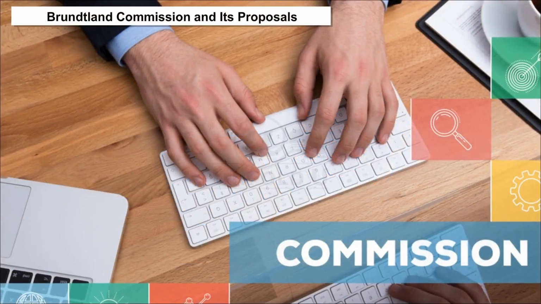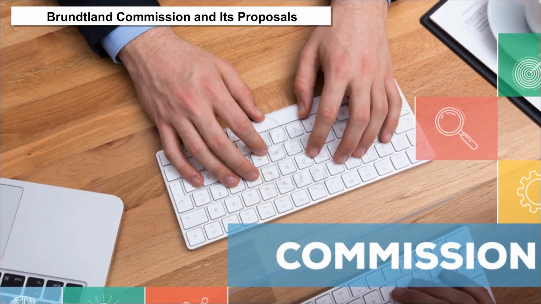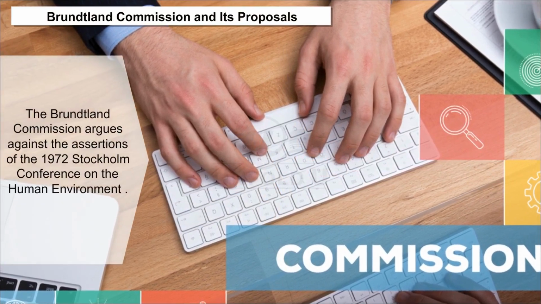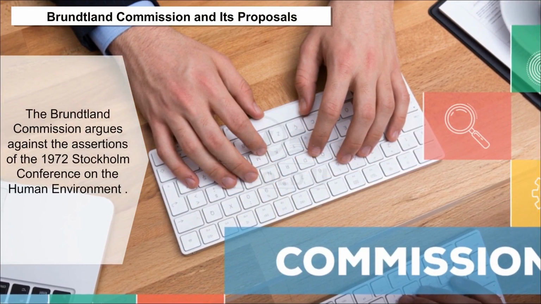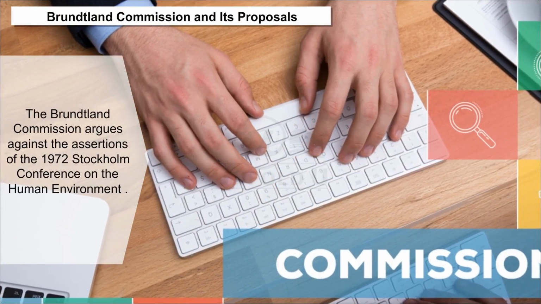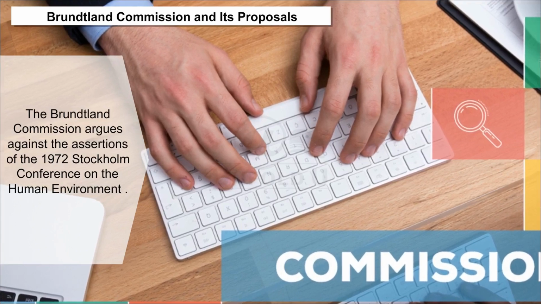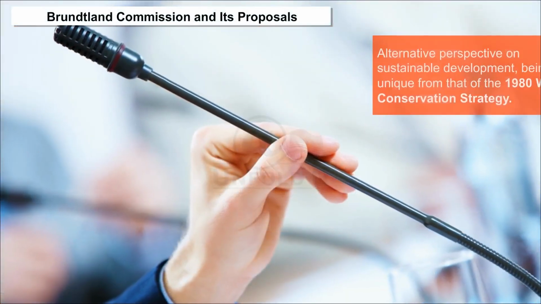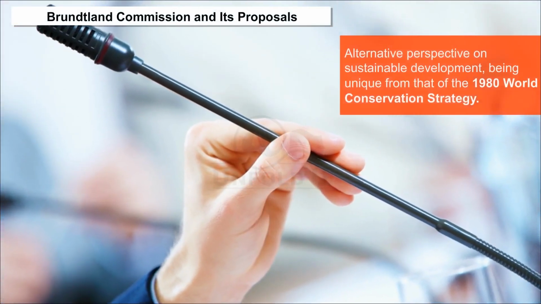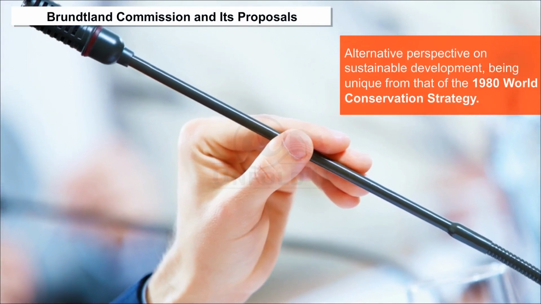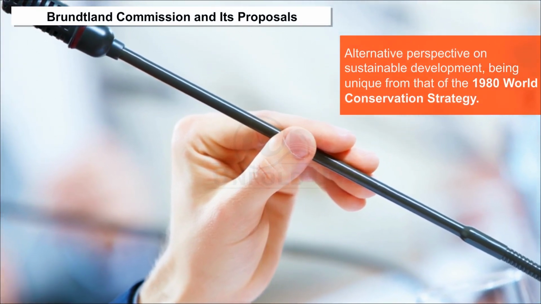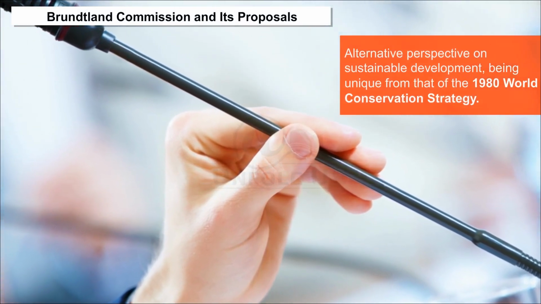Brundtland Commission and its proposals. The Brundtland Commission argues against the assertions of the 1972 Stockholm Conference on the Human Environment and provides an alternative perspective on sustainable development, unique from that of the 1980 World Conservation Strategy.